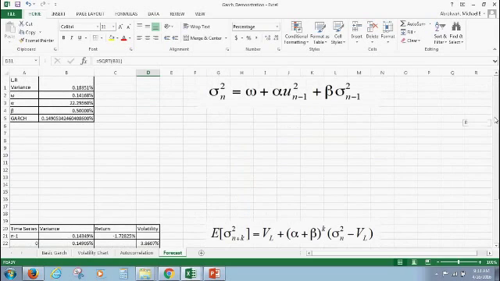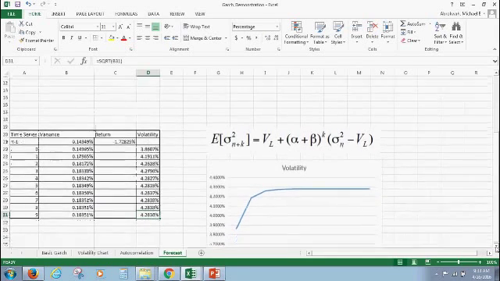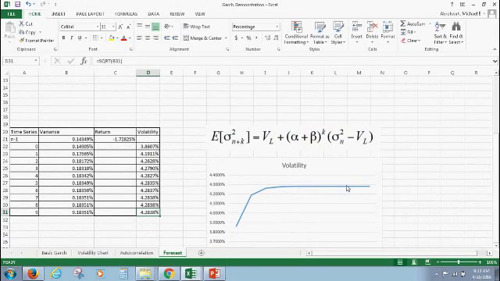The reasoning behind this, I imagine, is because the alpha and beta, the persistence factor, is actually quite small. It's under 25%. So I imagine that's quite small. Hence, a reversion to the long-term volatility very quickly in this particular setup.